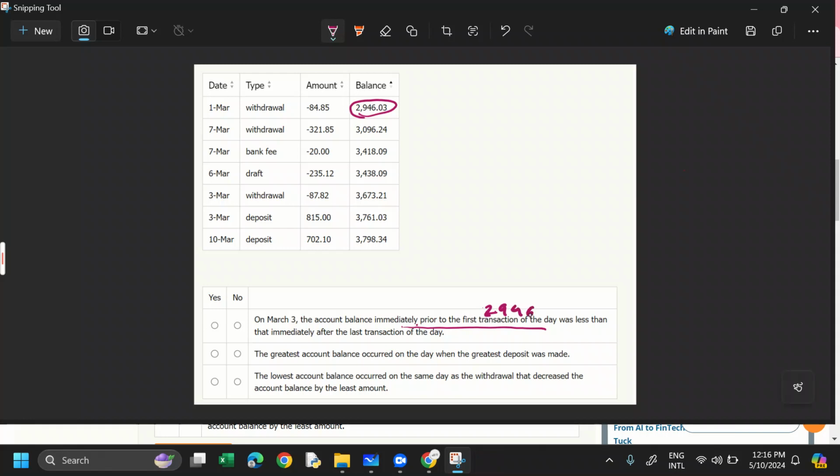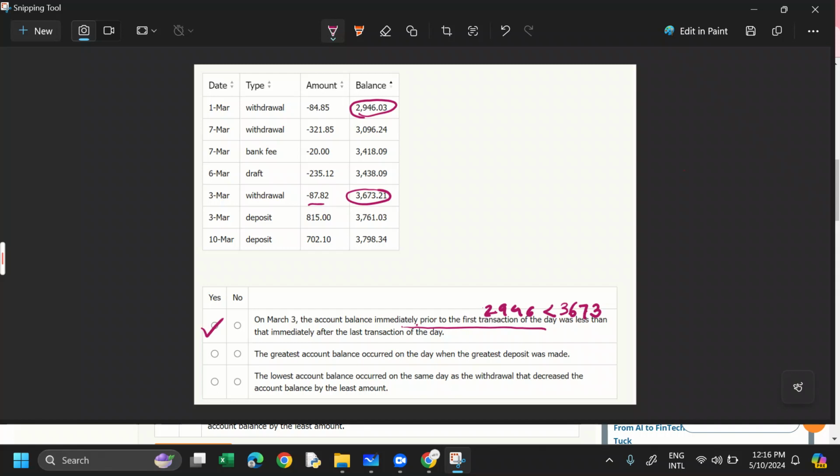Now, was this less than the balance immediately after the last transaction of the day? On 3rd March, the last transaction was the withdrawal and it was 3673. So is 2946 less than 3673? Yes, it is. So the answer is yes.